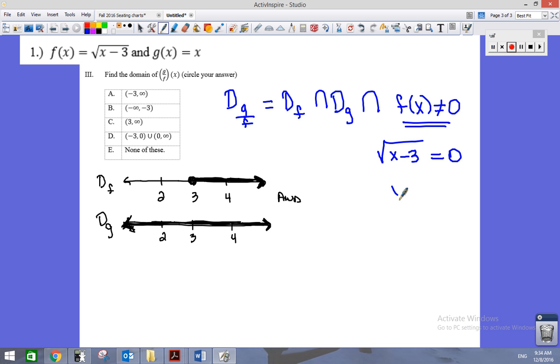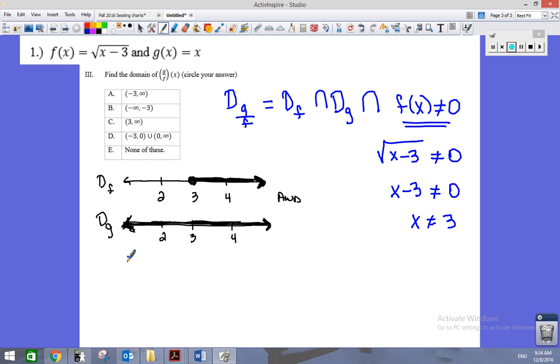If I square both sides, x minus 3 equals 0 squared, which is just 0, and if I add 3 to both sides, x equals 3. So if I want to prevent the output of f from equaling 0, I need to prevent the input into f from being 3, because 3 minus 3 gives me 0, and the square root of 0 is 0.